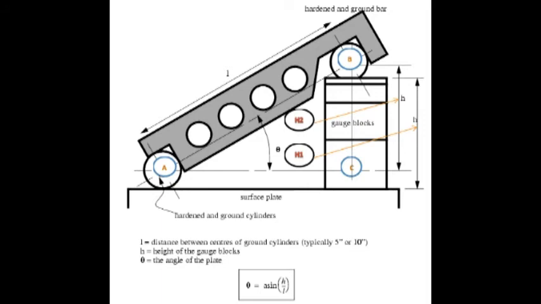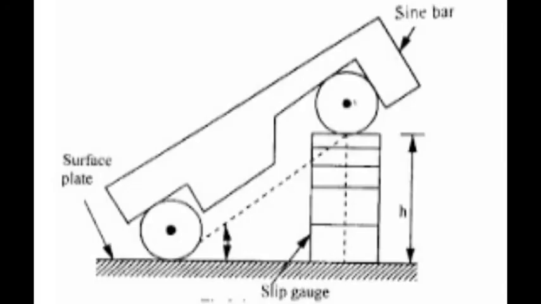You have one roller here, and another roller on the other side, resting on the slip gauge. There is a slip gauge of height h, and with h by L you have to find out the angle.